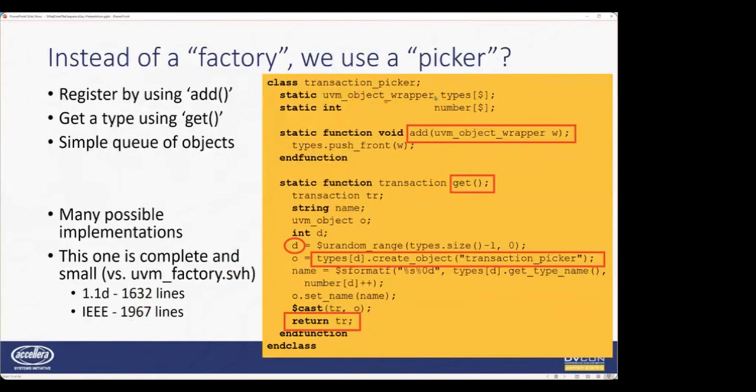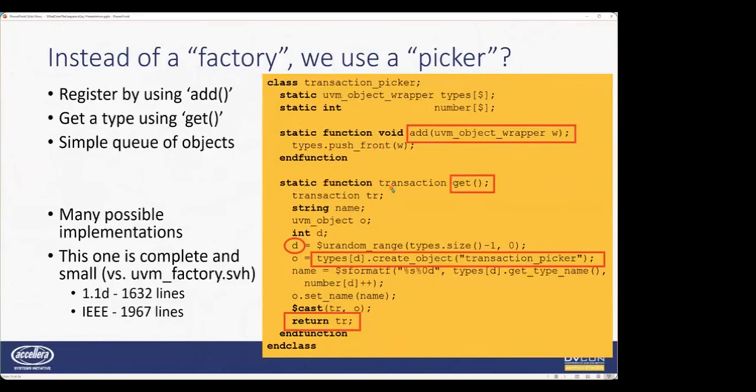The picker has a queue of types, and it has a queue of numbers, just to keep track of how many each one we have, where we are on the count. Okay, so if you want to use the picker, you call add, and you just push that type onto the types queue.